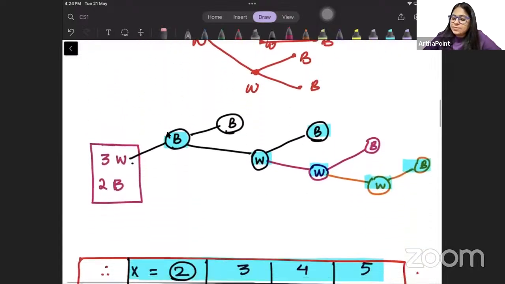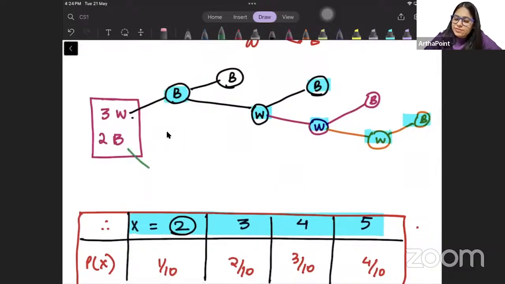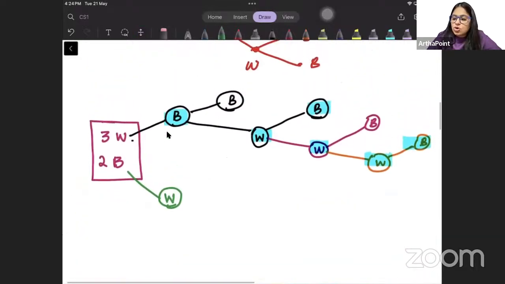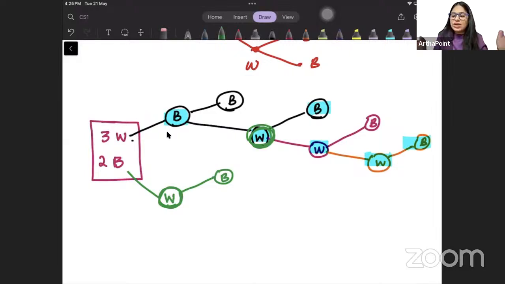Now what can happen? The first ball that I have drawn is a white ball. So the first ball itself is a white ball. After that, I can draw a black ball. Once I draw a black ball, a tree will open up again, because till now I have just got 1 black ball and I need 2. So it is possible that after this I draw a black ball.